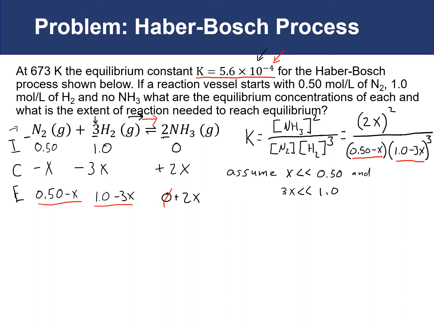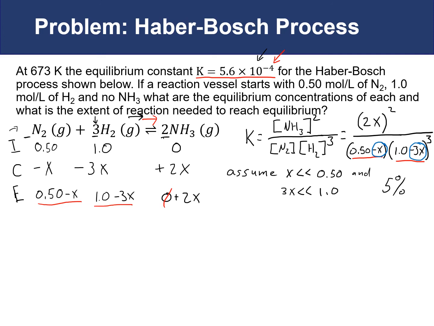The reason that we're doing this is so that we can ignore our x values inside our parentheses here. If we can ignore these x's, that will simplify our lives in terms of the calculations. The cutoff that we will be accepting is the 5% rule.